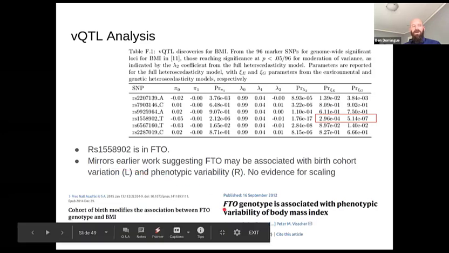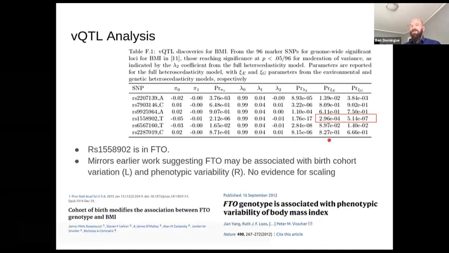That's this paper from 2012 in Nature. Our findings are consonant with those, in the sense that some of the loci in FTO might be playing relatively confusing roles, wherein they both have changing effects over time and may also be associated with changing levels of phenotypic variation.